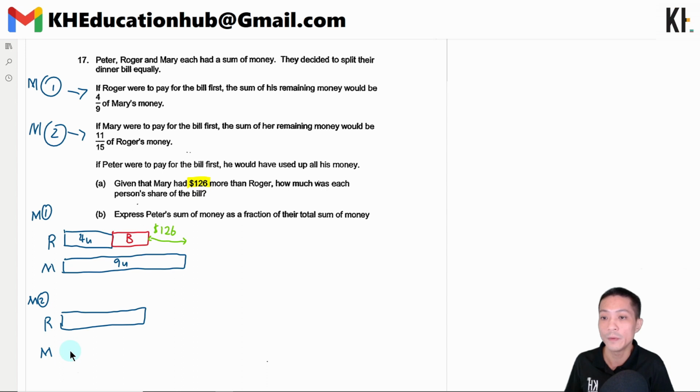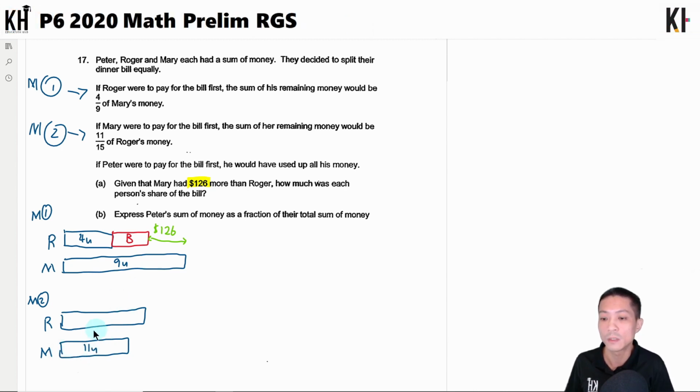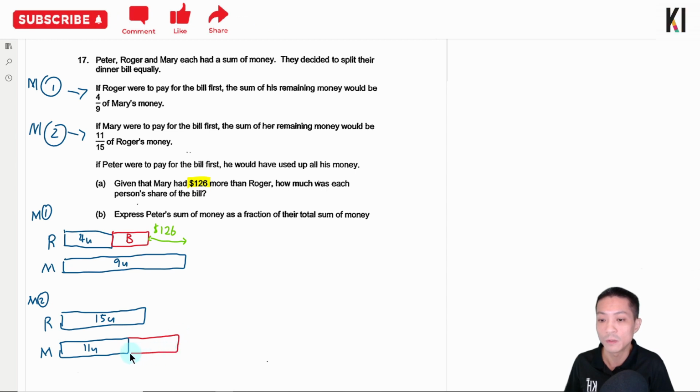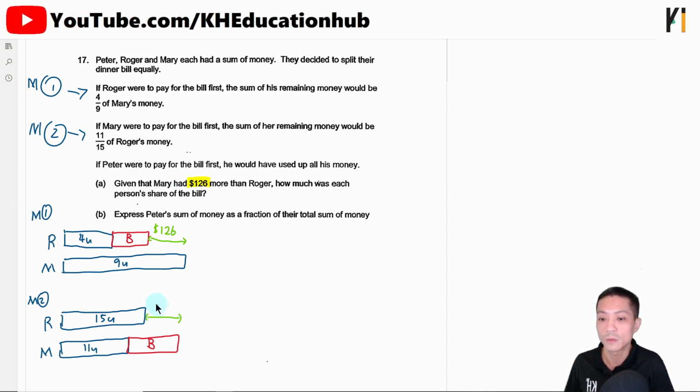Mary will be 11, so Mary's one will be shorter. So this will be 11 units, this will be 15 units. And then I need to draw another box which represents the bill. And then here to here will be the $126.